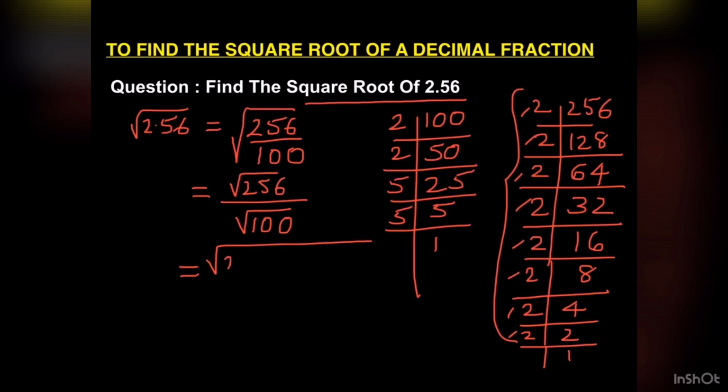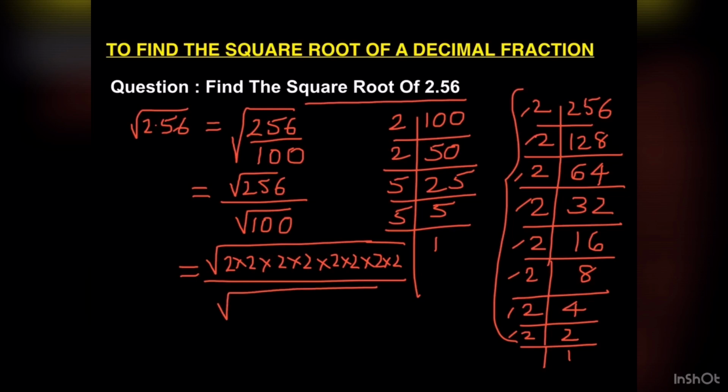So 2 times 2 times 2 times 2 times 2 times 2 times 2 times 2 divided by square root of, let's see how 100 can be written using these factors, 2 times 2 times 5 times 5.